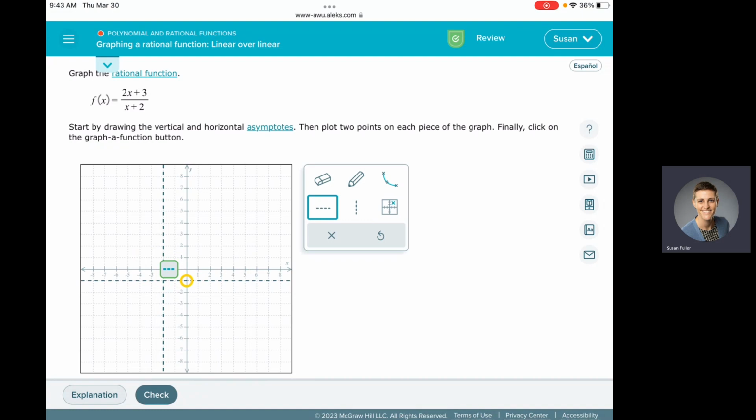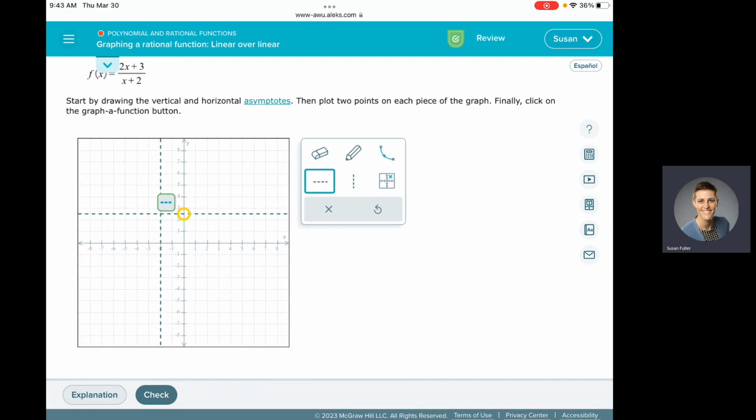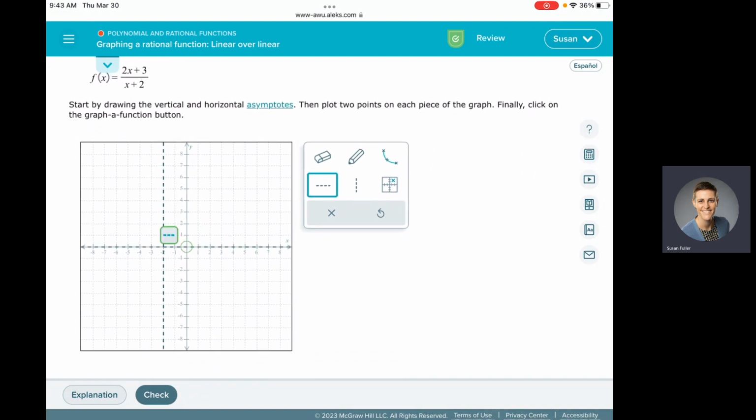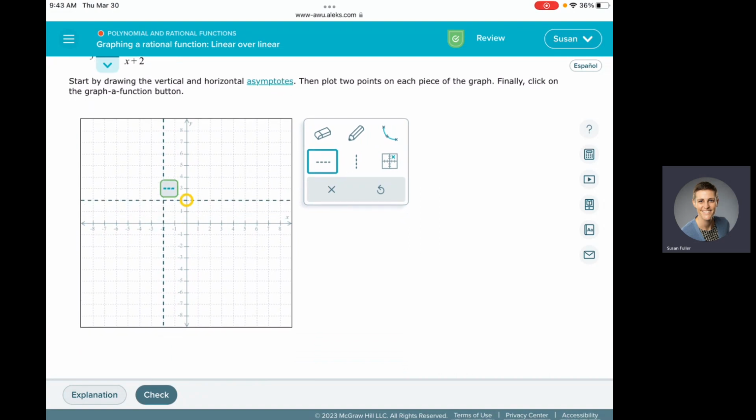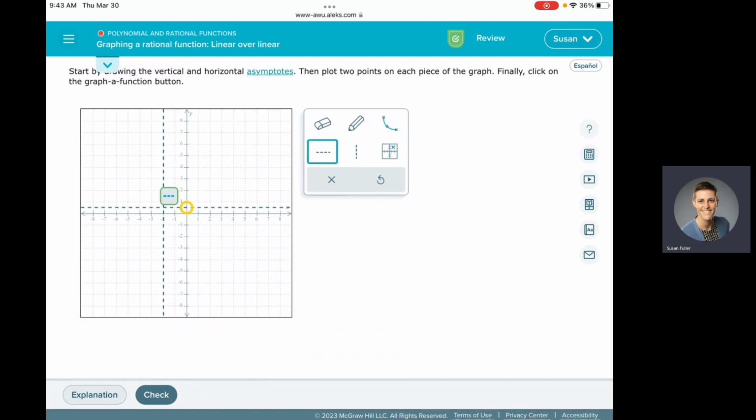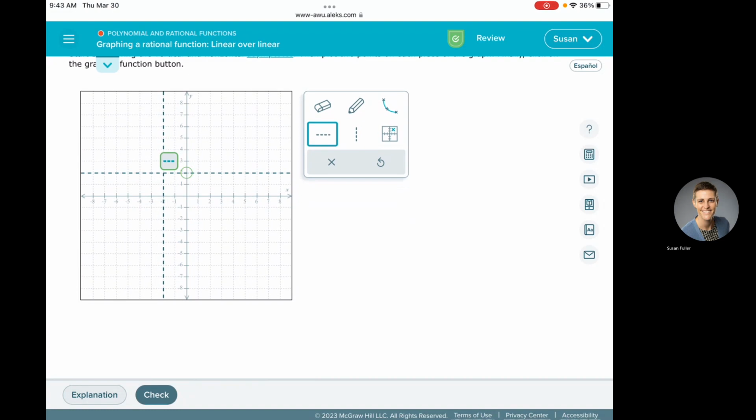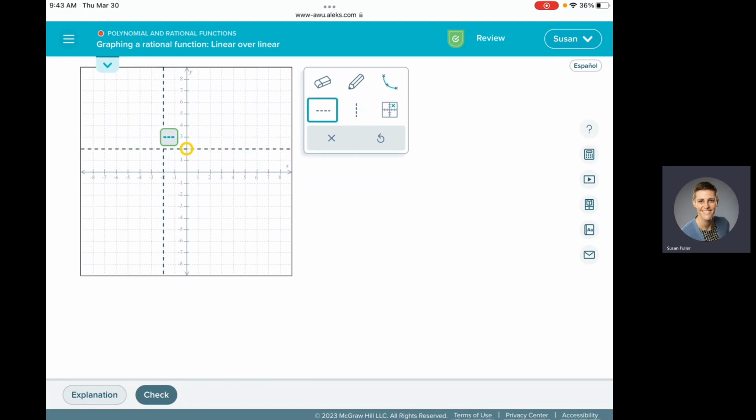My horizontal asymptote happens at y equals 2. And I'll put that in. Okay, hopefully that stuck. And it did not. Y equals 2.